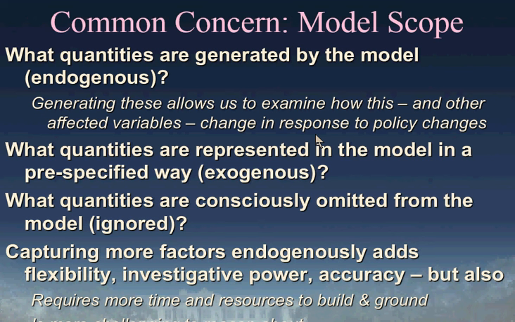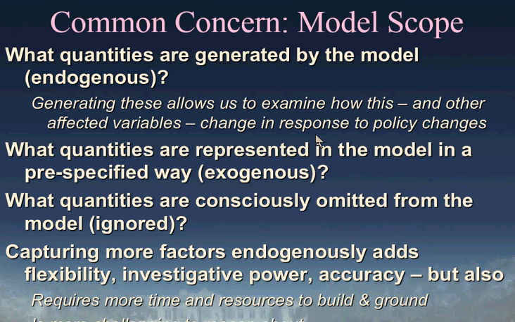These are variables that over time the model generates for us. It tells us the value of these quantities. There's another set of things that are represented in the model, but we've told it what to assume over time or in a fixed way for these. We call these exogenous things. So we tell it what to assume for exogenous things. It generates the endogenous things. They're the result of simulation over time.